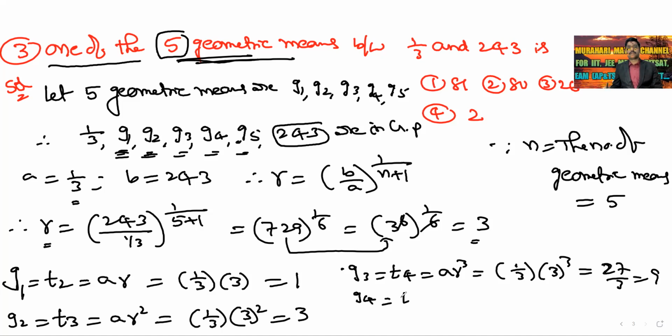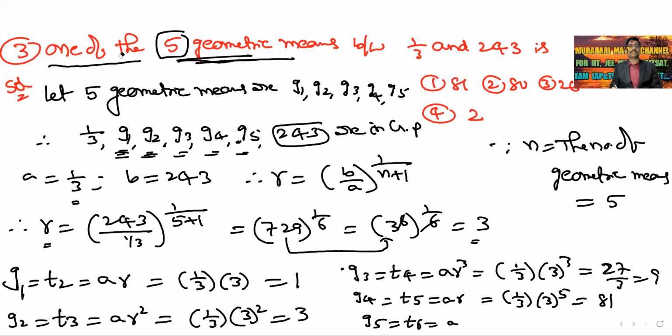G4 is equal to T5 and G5 is equal to T6.